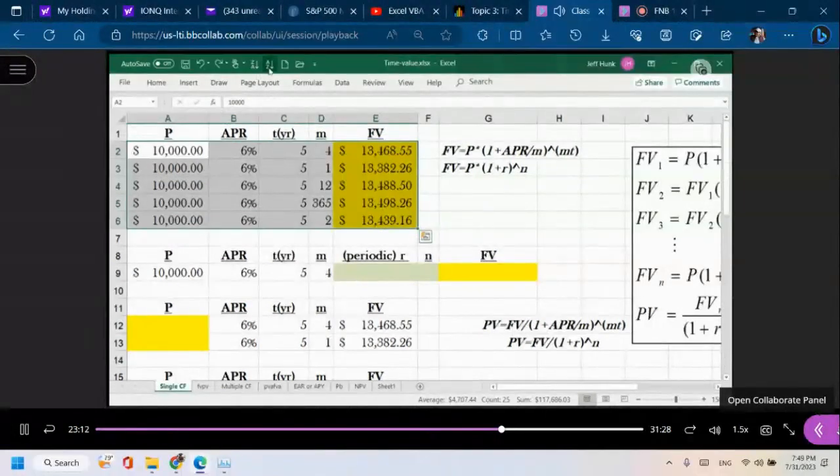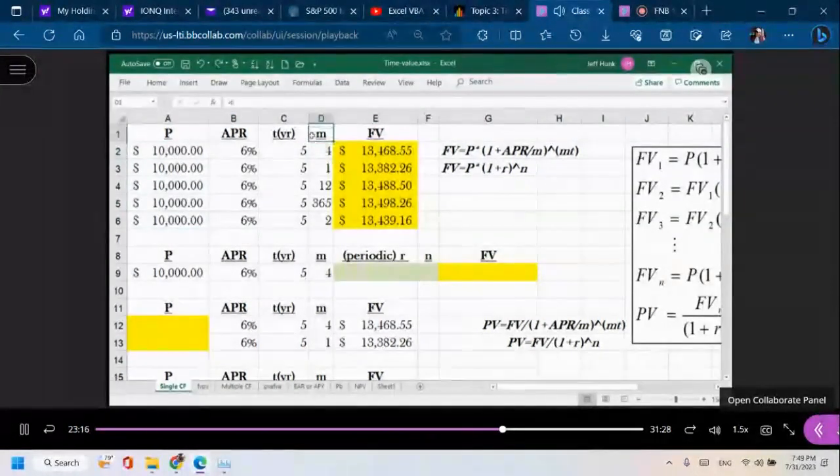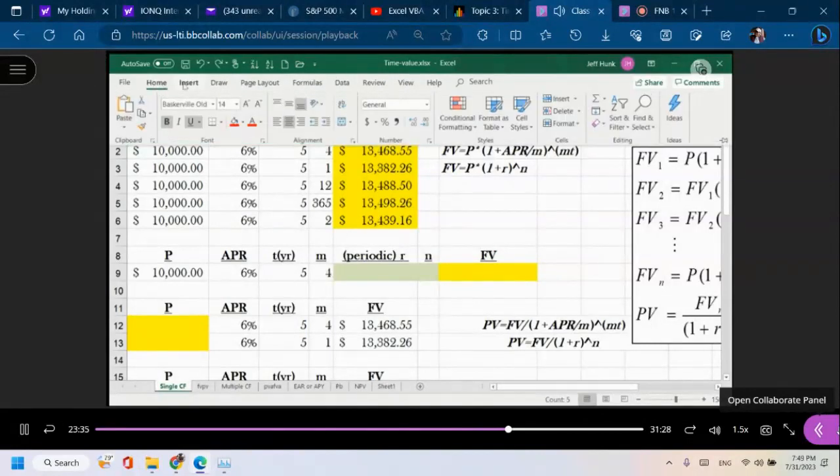Let me sort this. Okay, let me do this. Where was that? Filter.